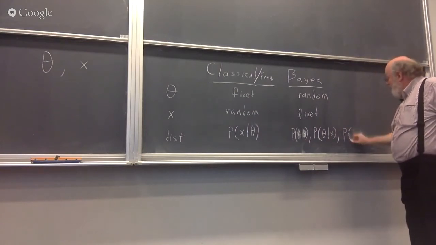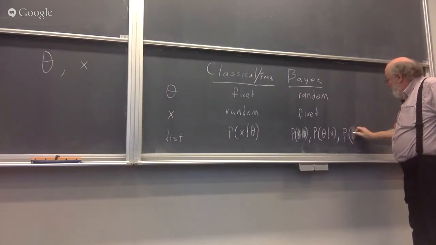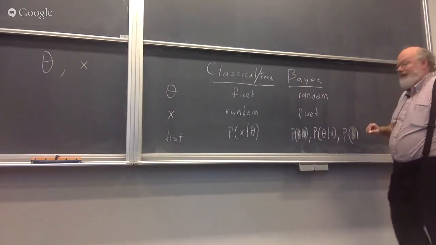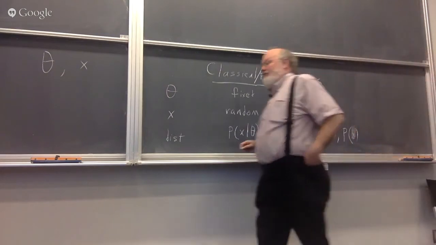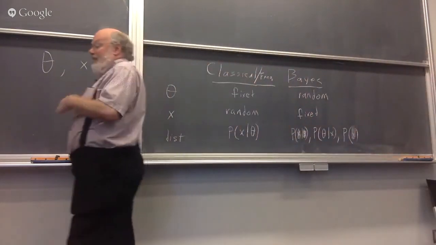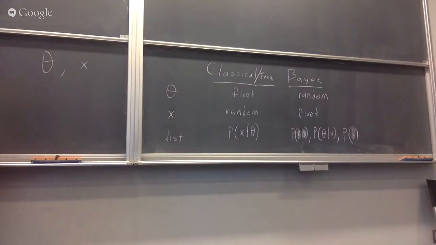And they have one more, less interesting, which is the probability of getting the data. That's often hard to know, but as it turns out, isn't so important.